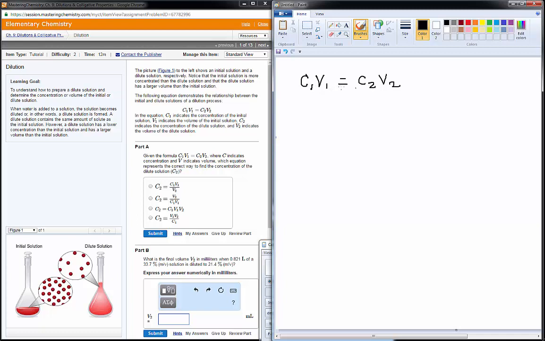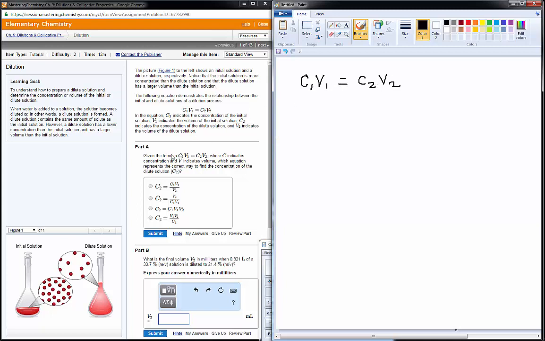The reason this works is that all of our units of concentration, whether we're looking at percentage or parts per million or molarity, have the volume of the total solution in the denominator. And so when I multiply by volume, those cancel, and essentially what we're saying by this equation is that the amount of solute particles in my initial solution is the same as the amount of solute particles in my final solution, and so these two things are equal.